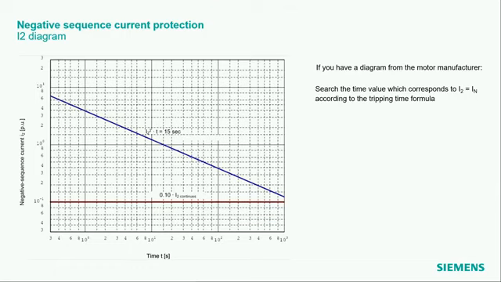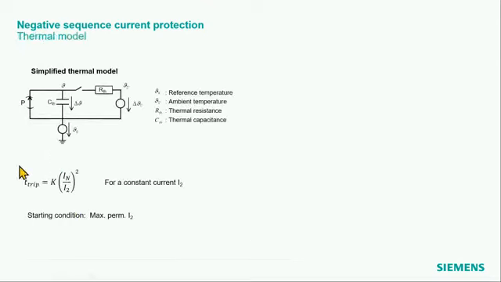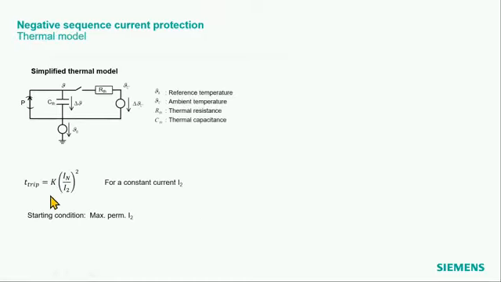Okay, what we then need to know is we need to scale our function, and we need this K value, basically what we see here. So we have the negative sequence current, and we need this K value. Now let's come back to that formula. If I2 is equal to IN, so the negative sequence current is as big as the nominal current, then my K factor is equivalent to the maximum tripping time.